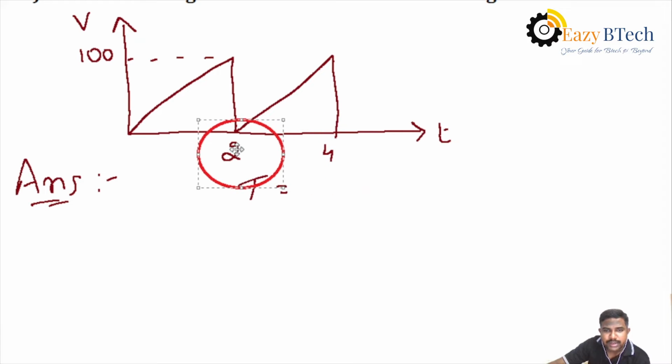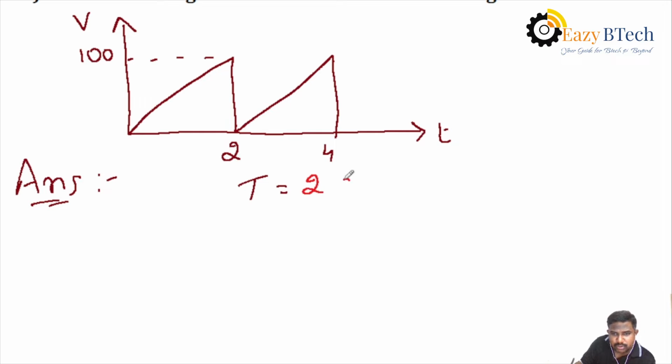That is called the time period of the given waveform. So here, after 2 seconds, the same previous waveform is repeated again. That's why the time period T is 2 seconds.